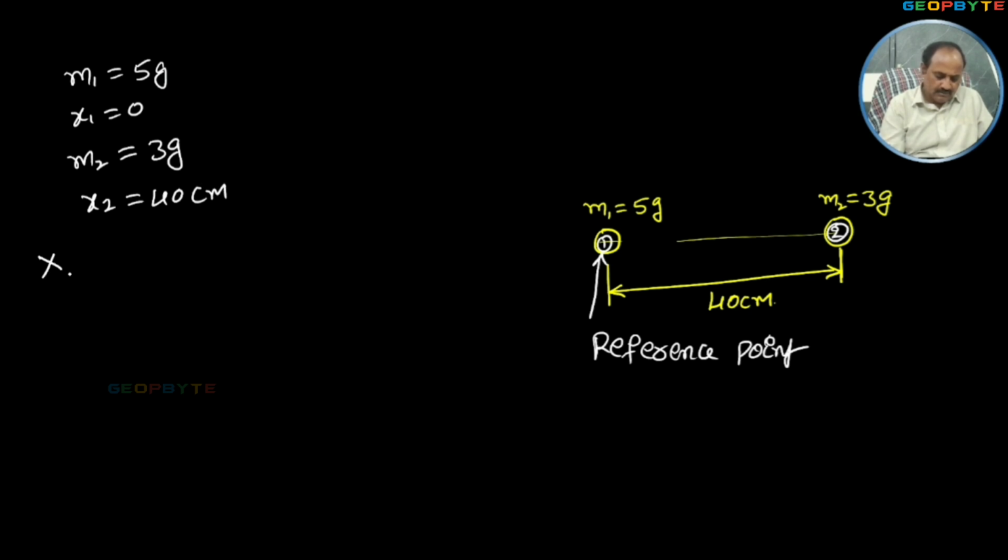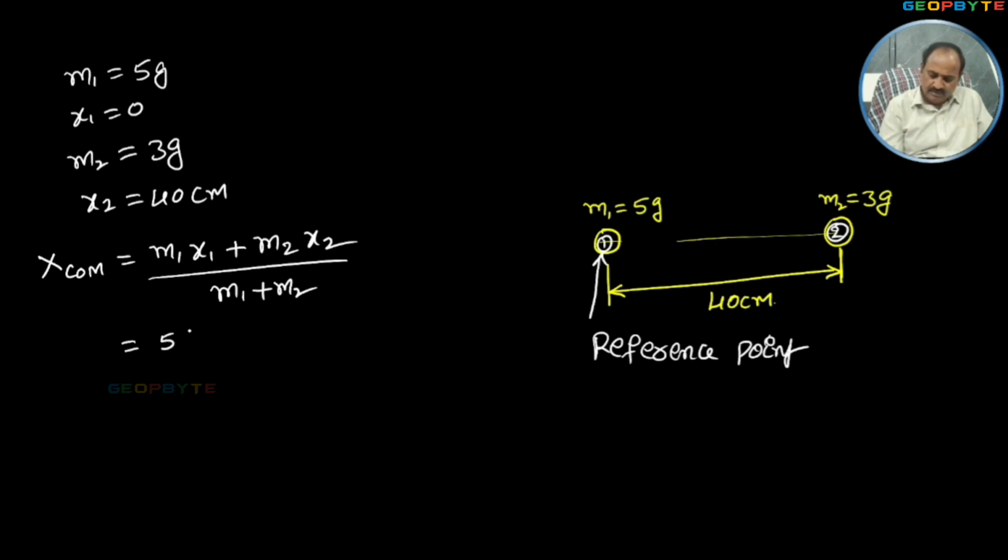Then the center of mass distance equals m1 x1 plus m2 x2 divided by m1 plus m2. Here m1 is 5 grams multiplied by x1 0, plus m2 3 grams, x2 40 centimeters, divided by 5 plus 3.